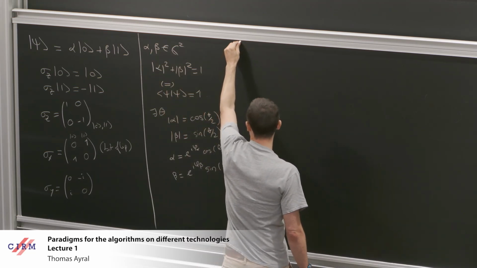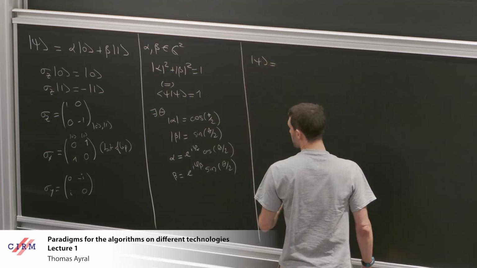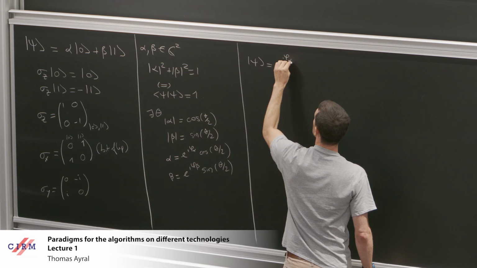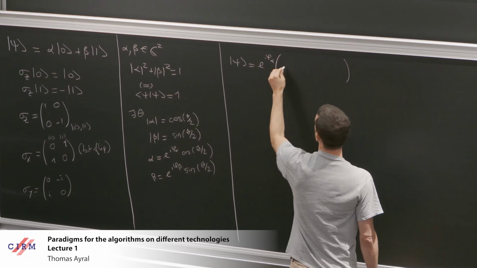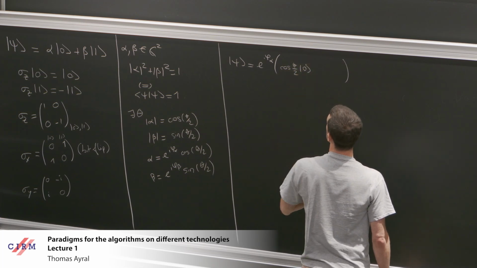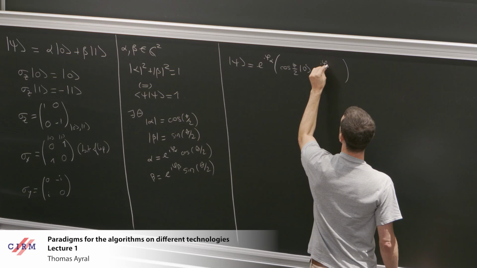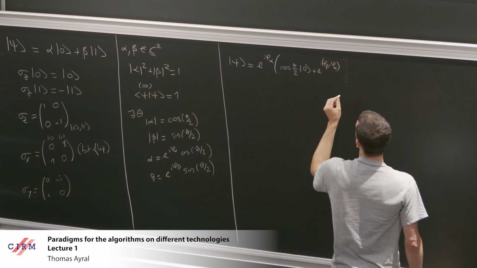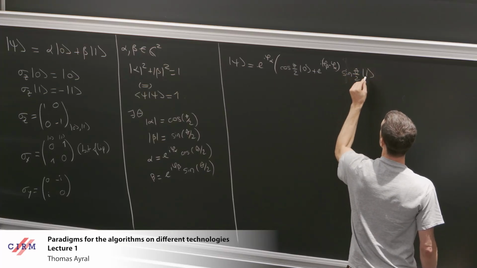And so now if I rewrite my wave vector in this new notation, and I factor the phase in front, I obtain cosine theta half 0 plus exponential of i (phi beta minus phi alpha) times sine theta half 1.